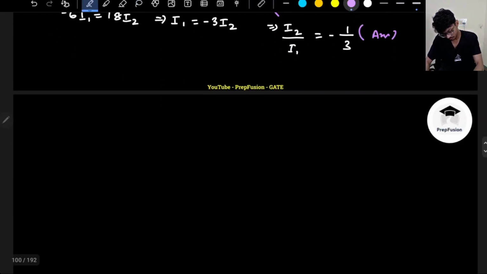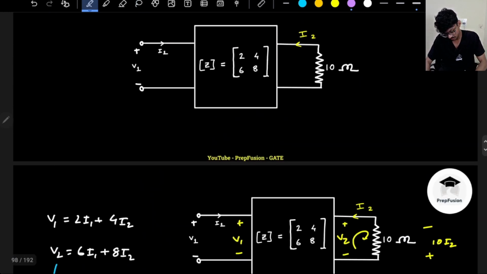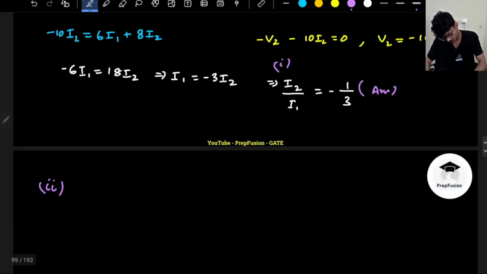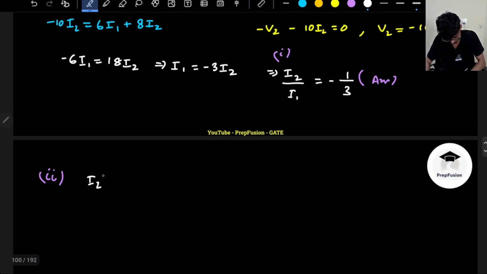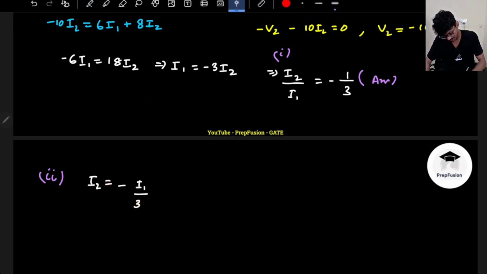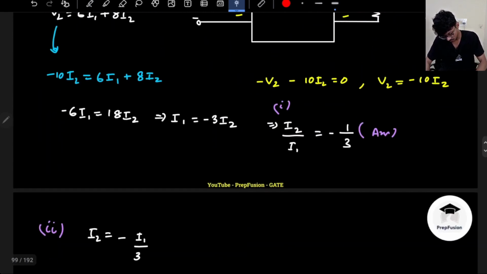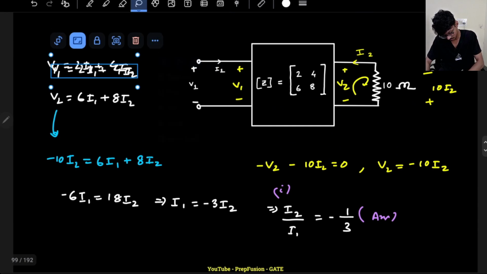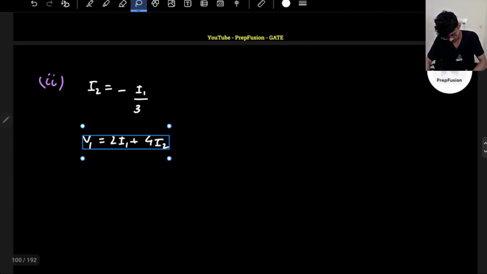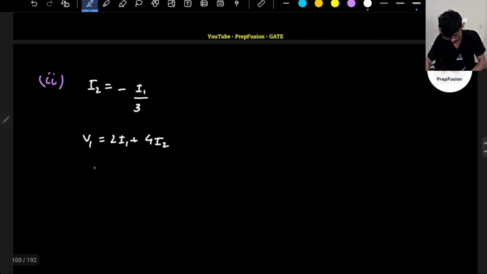Okay, let's solve the second one. The second one is V1 upon I1. So I know what I2 is equal to. I2 is equal to minus I1 by 3. So I can replace this in the first equation for I2. Okay, so I will get the V1 and I1 ratio. So V1 equals 2 I1 minus 4 I1 by 3.